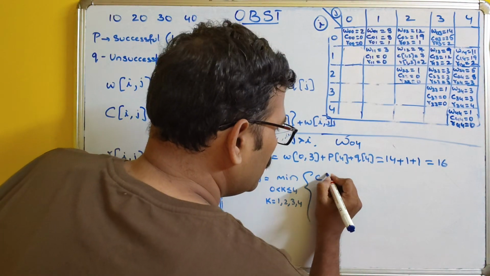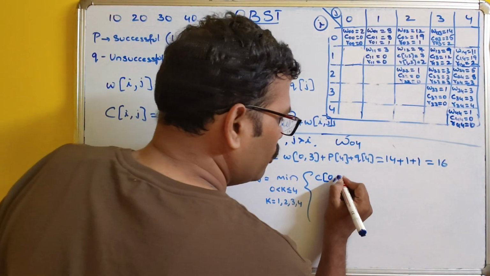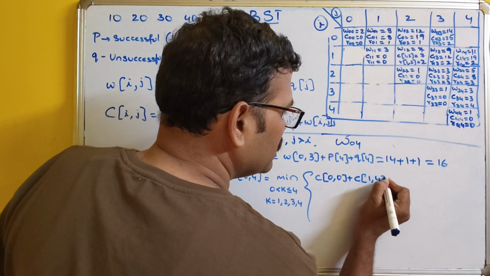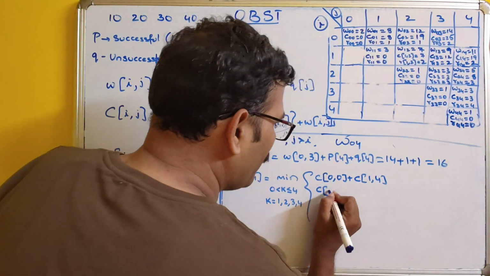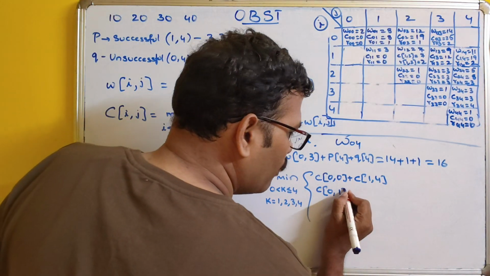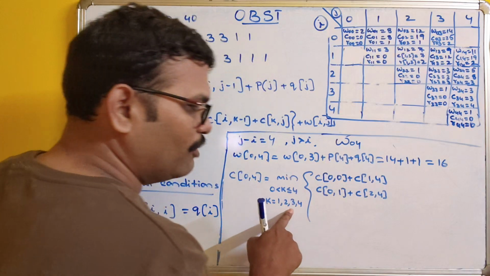So C of I, that means 0, k is 1, 1 minus 1, 0, plus C of k, 1, J 4. This is the first case. Second case, C of I 0, k value is 2, 2 minus 1, 1, plus C of 2, 4. Third case, k value will be 3.